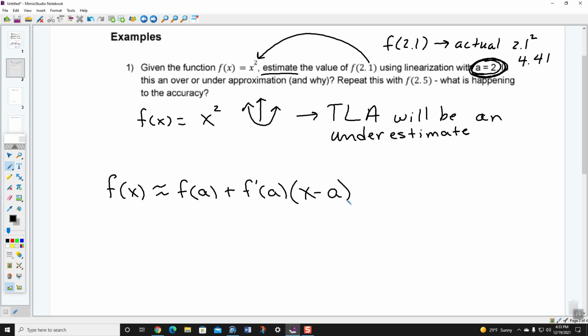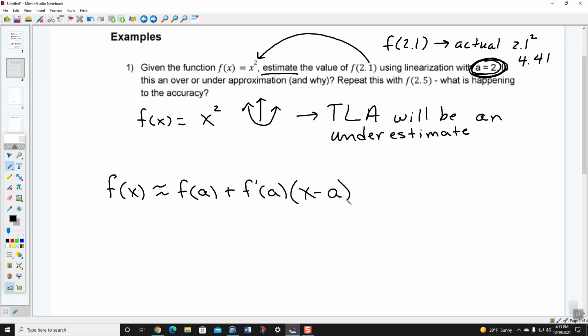Okay, so watch what happens here. Again, we know that when we plug 2.1 into the actual function, we're going to get 4.41 out. Okay? Now again, understand the concept. Don't ask why we're going to go ahead and do it this way. We're not saying that we're doing it this way all the time. We're just saying that this is another way to think about how to get approximations of values on curves without actually having to put them in a function. Once you know a tangent line at a point, we can get some pretty good approximations near that a value.